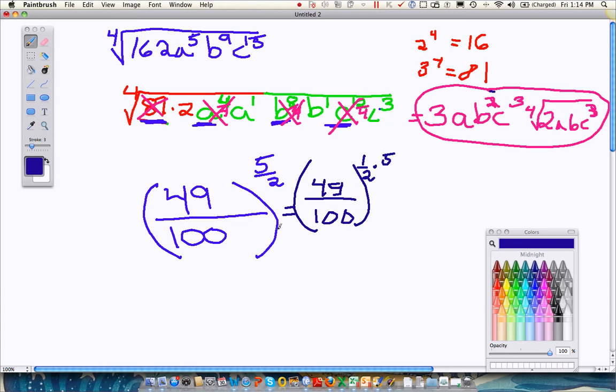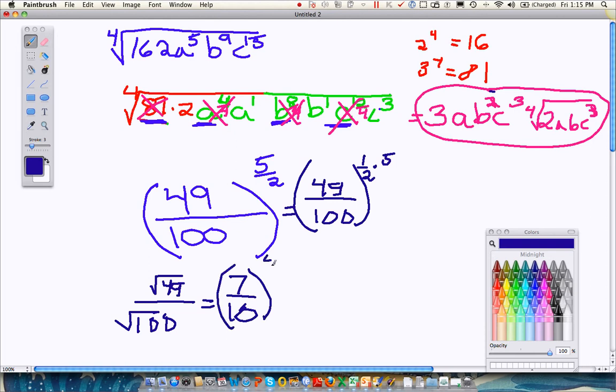And I'm going to want to pull the 1/2 out because pulling the 1/2 out is going to be taking the square root of the top and the bottom. So once I take the square root of the bottom, I'm going to have 7 over 10, which I am then going to raise to the 5th power.